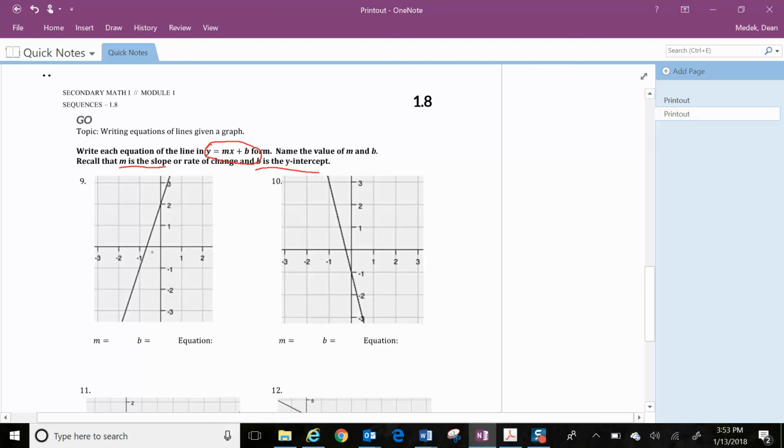Well, for m, we're going to start at a convenient point, right there, and go up 1, 2, 3. So this is a 3. Looks like it's going to be a positive slope. And then we go to the right 1. So the slope, which we use as the letter m, is equal to 3 over 1.